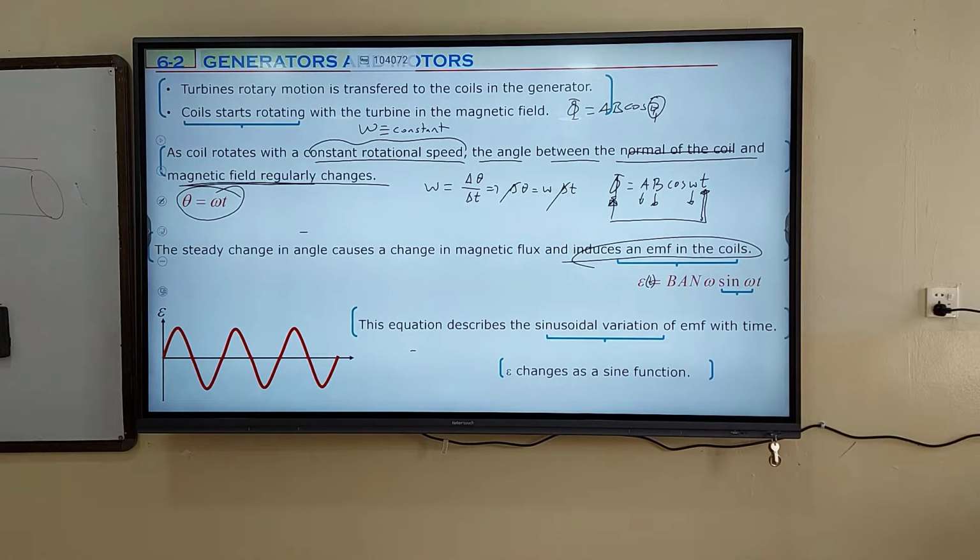When the angle is 90 degrees, cosine 90 is 0, but sine 90 is 1. At 90 degrees, sine is maximum, but cosine is 0. So, in general, as cosine gets maximum value, the sine function is 0. As sine gets maximum value, the cosine function is 0. What does it mean?